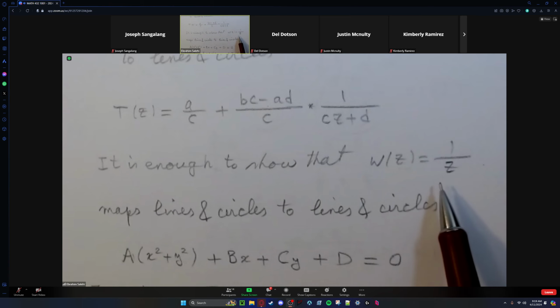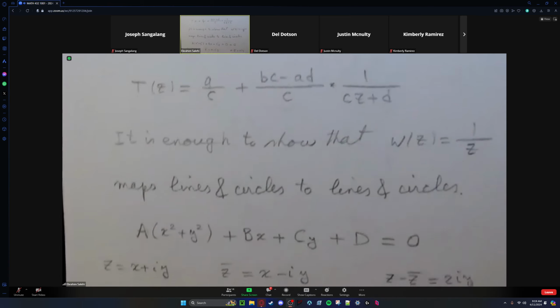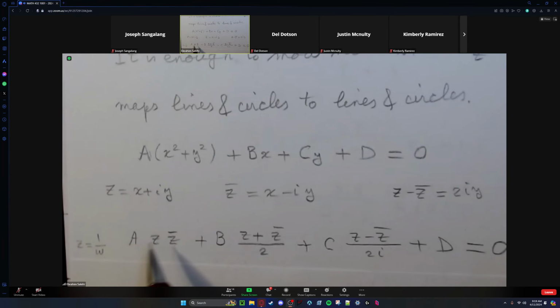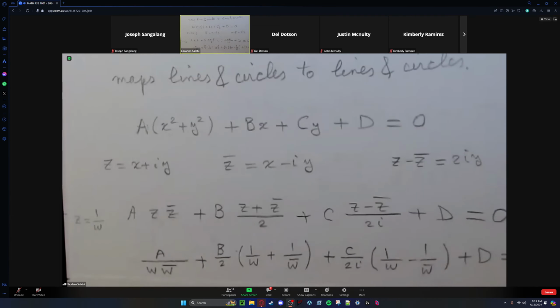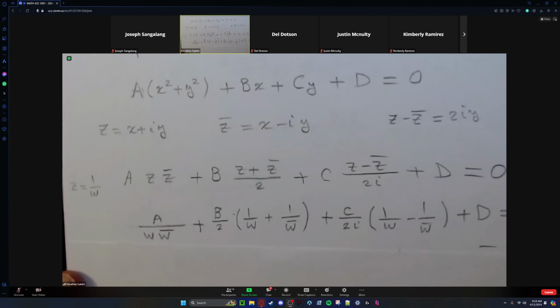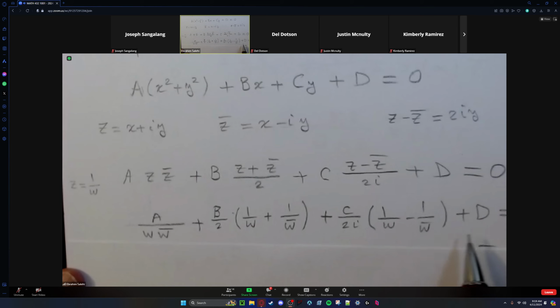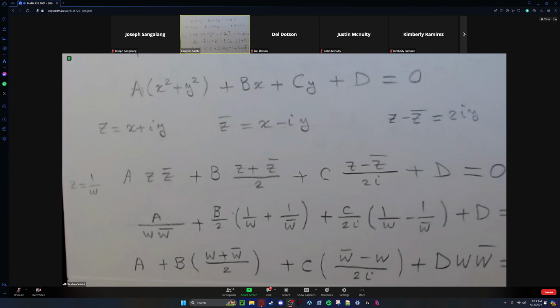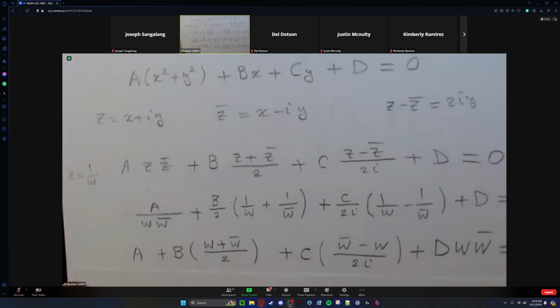Now it is time to replace z by 1 over w. So here becomes, all right, this is what happens. Now, to get rid of this w w bar in the denominator, we multiply everything by that w w bar.